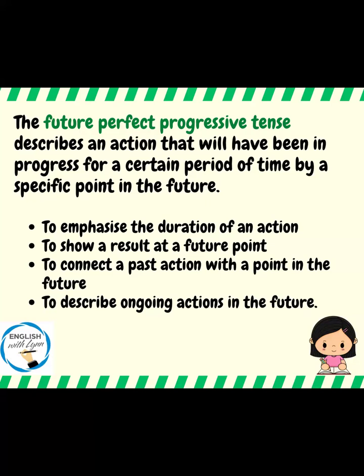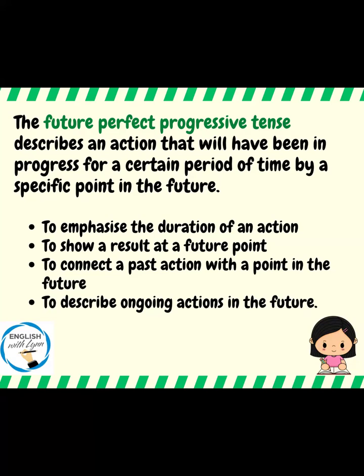We might be showing a result at a specific point in the future. It is also used to connect events from the past with an action point somewhere in the future, and also to describe actions that are ongoing within the future. And we make this tense by using a bit of the perfect tense and a bit of the progressive tense.